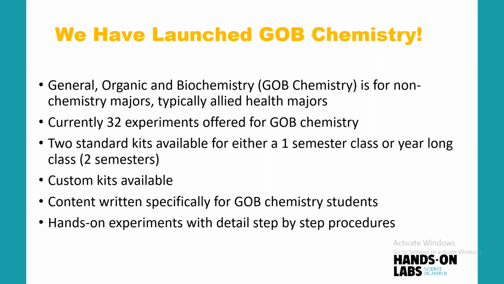We do offer general chemistry experiments that have very similar titles, but these specific examples are written in the background, experiments, and questions focused on the learning objectives and other topics related to GOB students. Again, all of these experiments will have step-by-step procedures that guide the student from start to finish, as well as through these learning objectives.